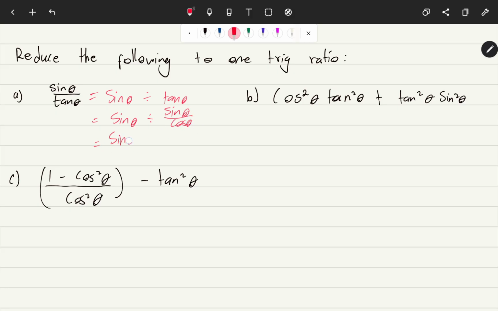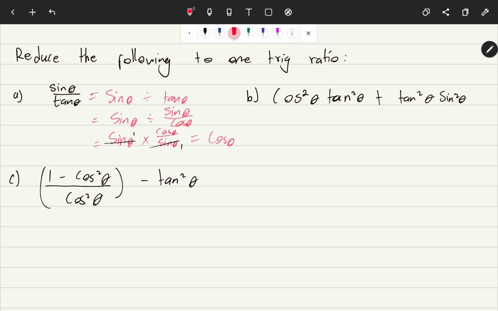That means I have sine theta multiplied by cos theta divided by sine theta. Then this sine theta divides this sine theta, and my final answer is cos theta. I've reduced the following into one trigonometric ratio.